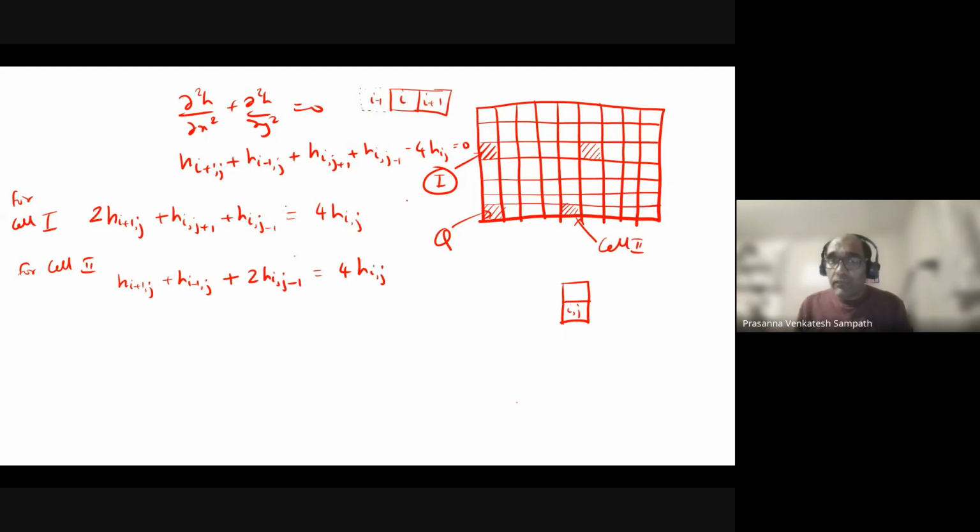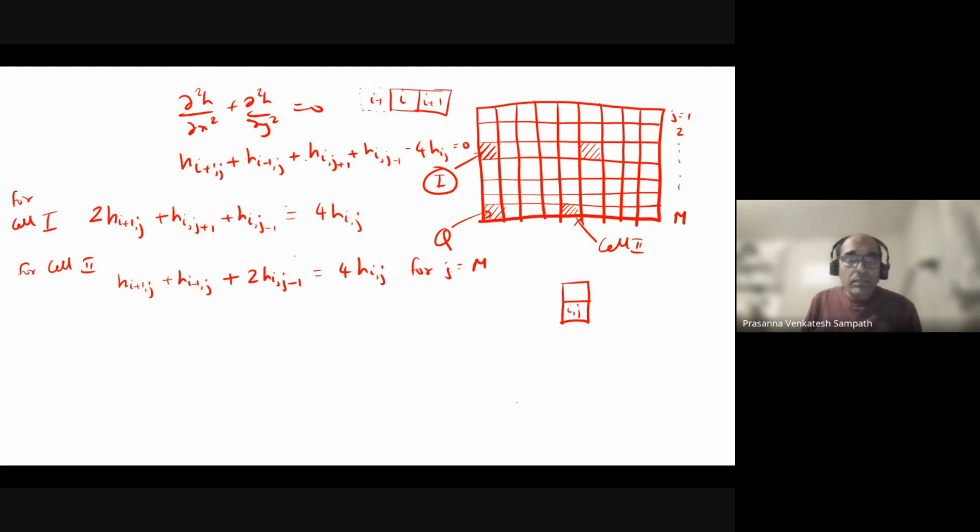This is j equal to 1, 2, 3, 4, all the way up to capital M. Okay, this is for j equal to M. Only for the row number j equal to M, you can write this equation. Because there is no M plus 1th row, j plus 1 doesn't exist. It must be equal to j minus 1, which is M minus 1. The previous row's values, you have to take it twice, for all the cells in that particular row where j equal to M.